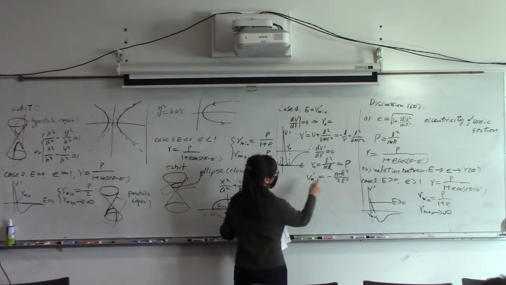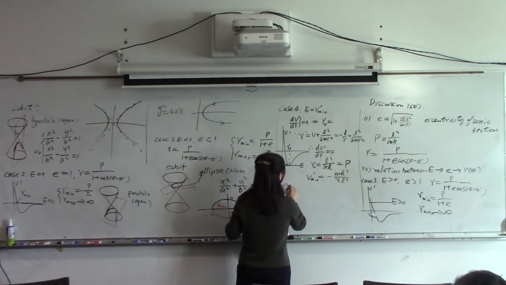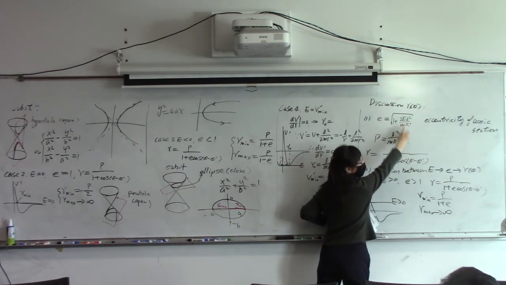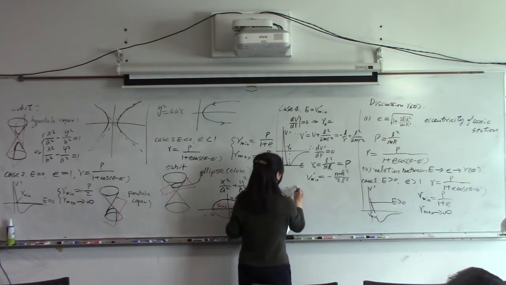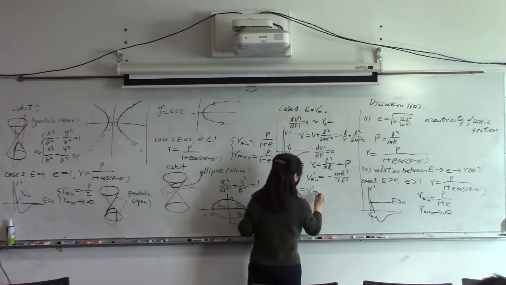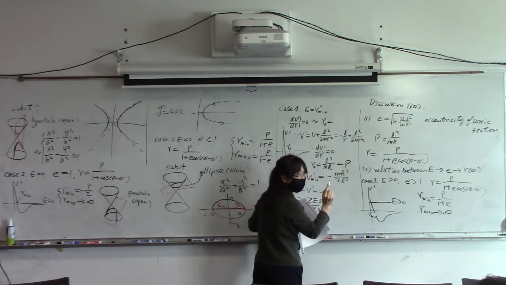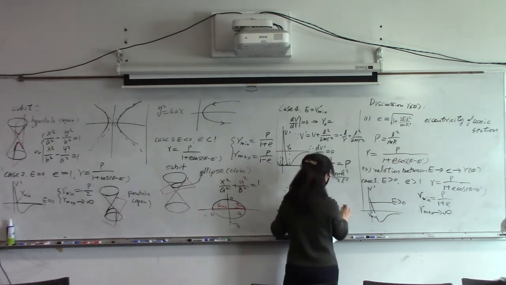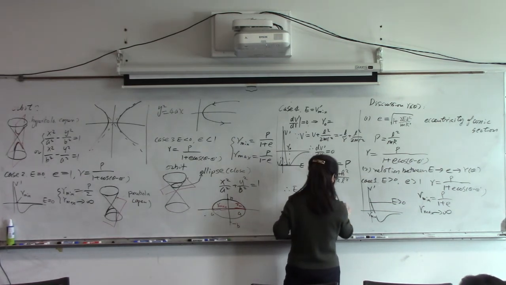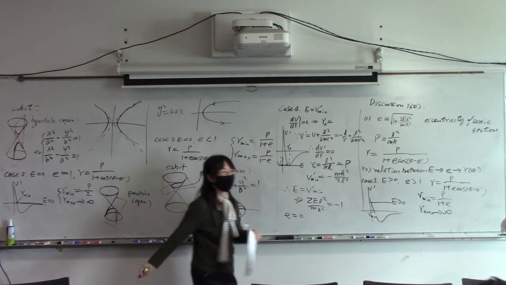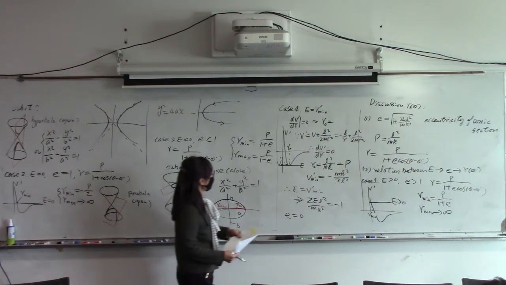Now you can see here, if E equals V prime minimum, then this term cancels, so that means 2E L squared over m k squared is equal to minus 1, because it's minus. Then e equals 0. That is how we get this.